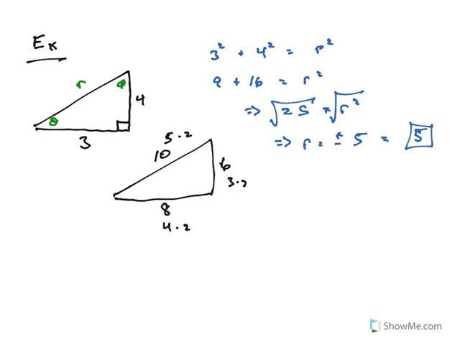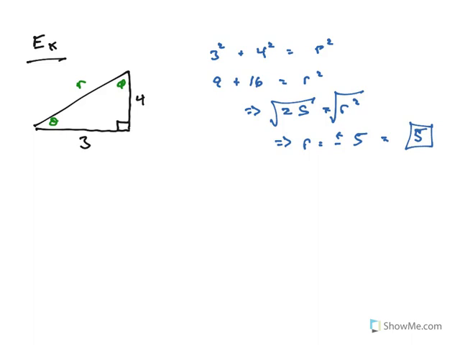And indeed it is. So not only is it 3, 4, 5, but the multiples: 3 times 2, 4 times 2, 5 times 2. 3 times 3, 4 times 3, 5 times 3 also work. But if you don't remember the special triangle, no big deal. Pythagorean Theorem gives you the answer automatically. There you go.